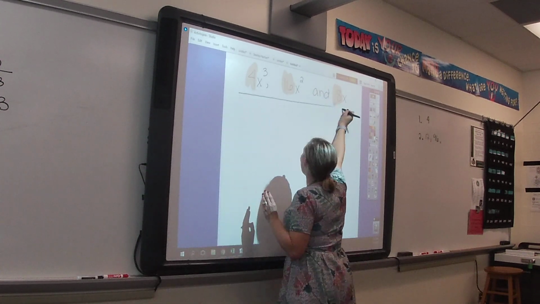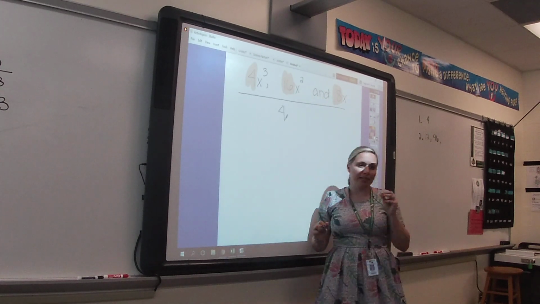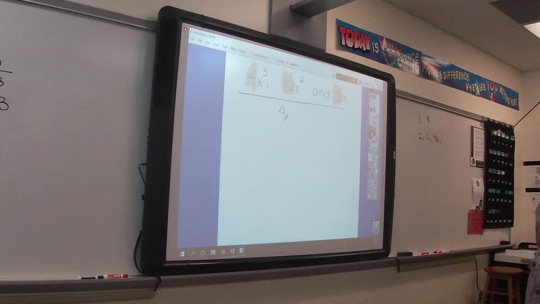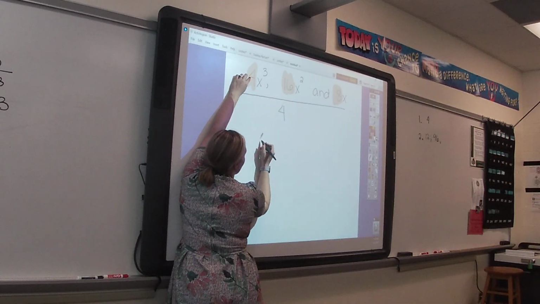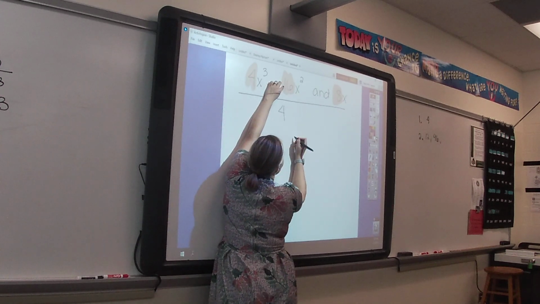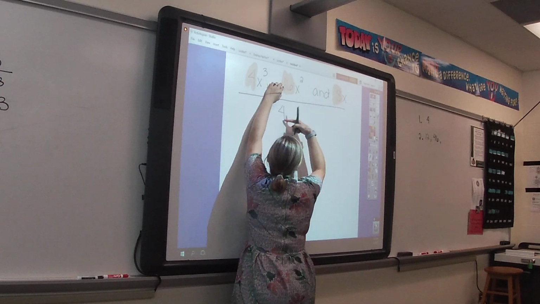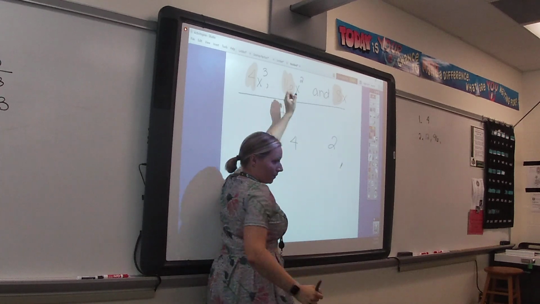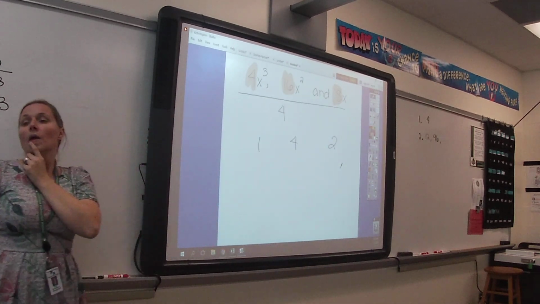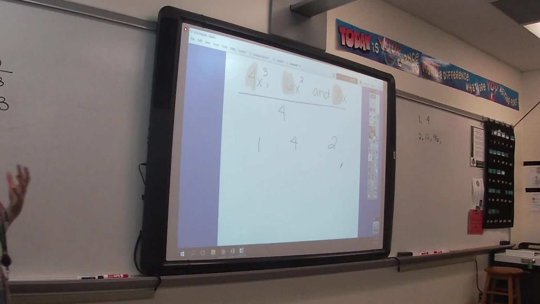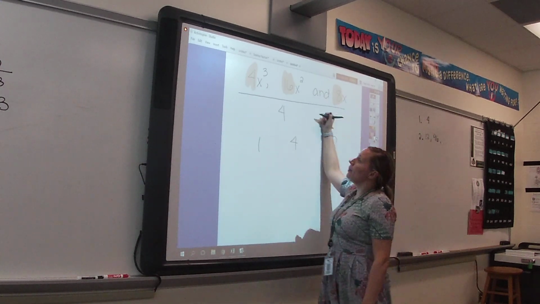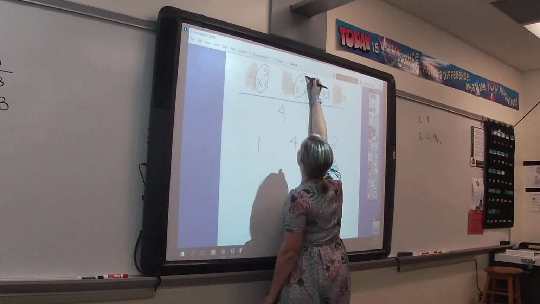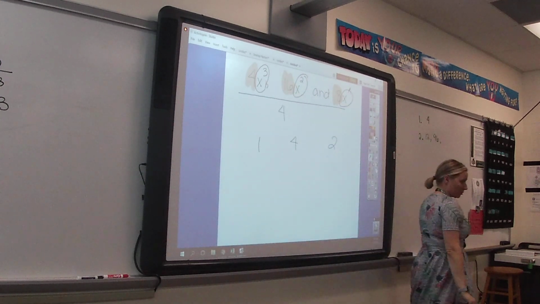4. And hopefully we all look at that and realize that it is a 4. So we'll divide. 4 divided by 4 is 1. 16 divided by 4 is 4. 8 divided by 4 is 2. Then we are going to look at the variable or variables, depending on how many it has. The first thing is that they will all have to have the variable.